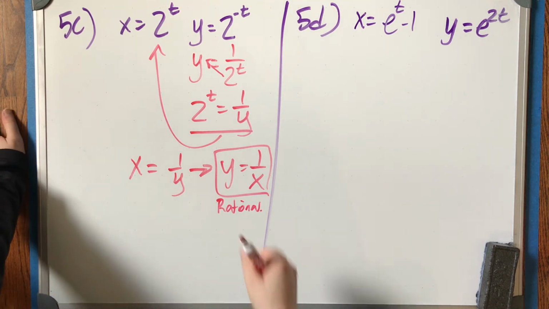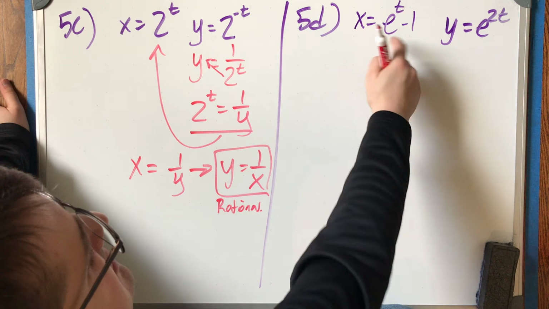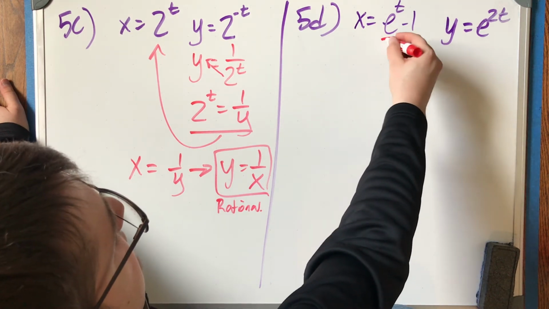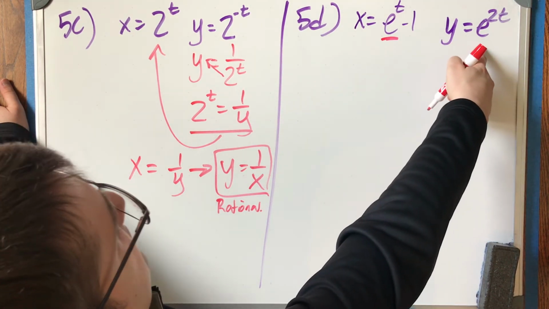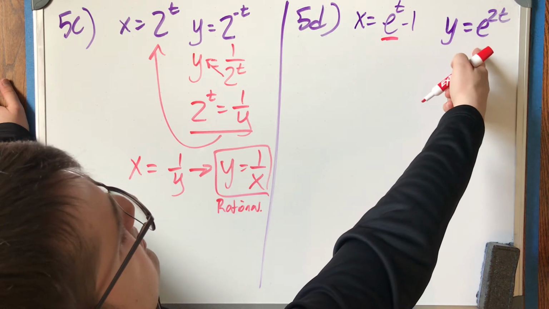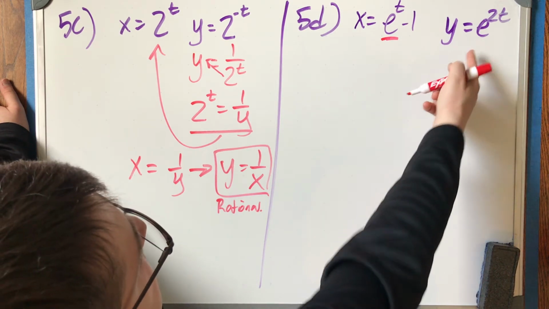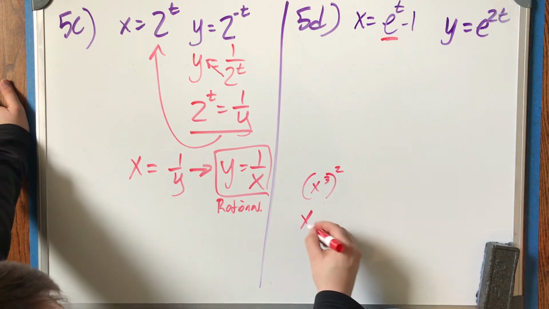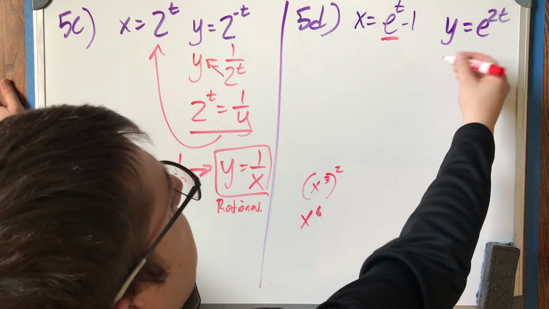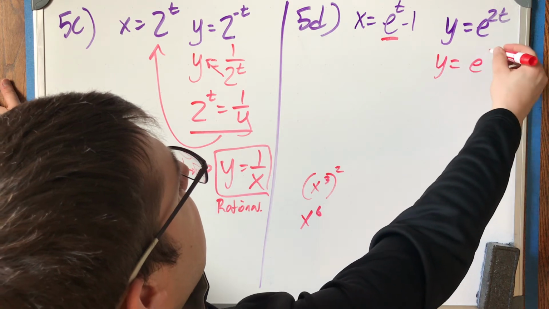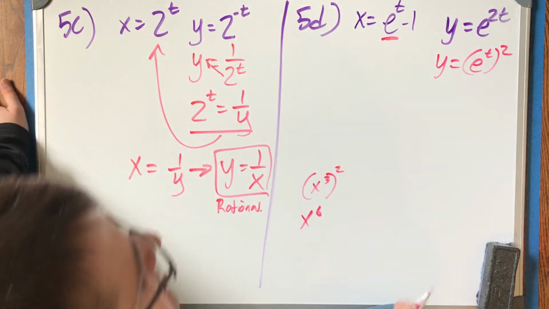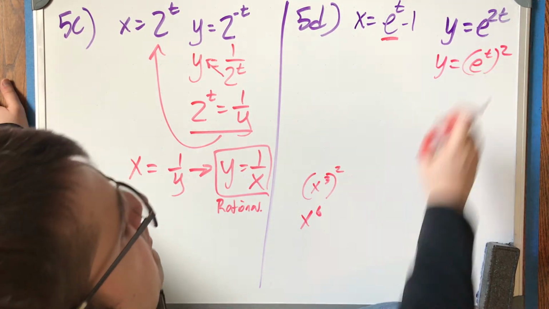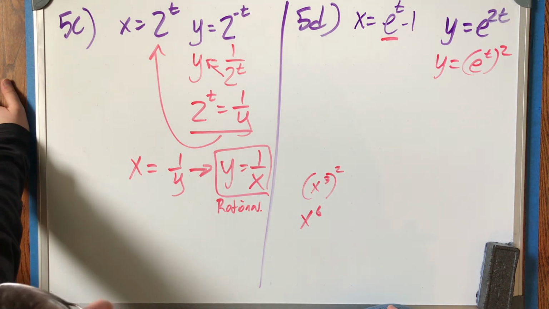For 5d, I will do something similar. I'm going to attempt to find an e to the t, and over here is where I'm going to start. So I'm going to do the reverse of a power of a power. Remember that if we have a power to a power, we multiply, so this is actually just saying that this is e to the t, squared, because the power of a power says I would multiply and I'd get the same exact thing.